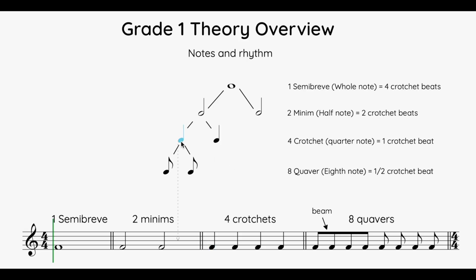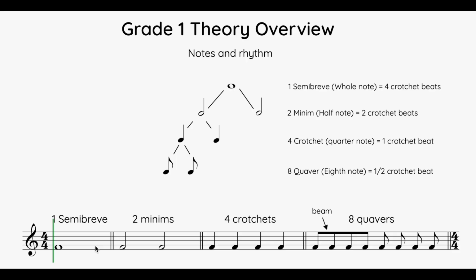And if the crotchet is 1 beat, the semibreve becomes 4 crotchet beats. And of course, the quaver is half a crotchet beat. So we take the crotchet as the beat, and you can see how these notes are now in proportion to each other.